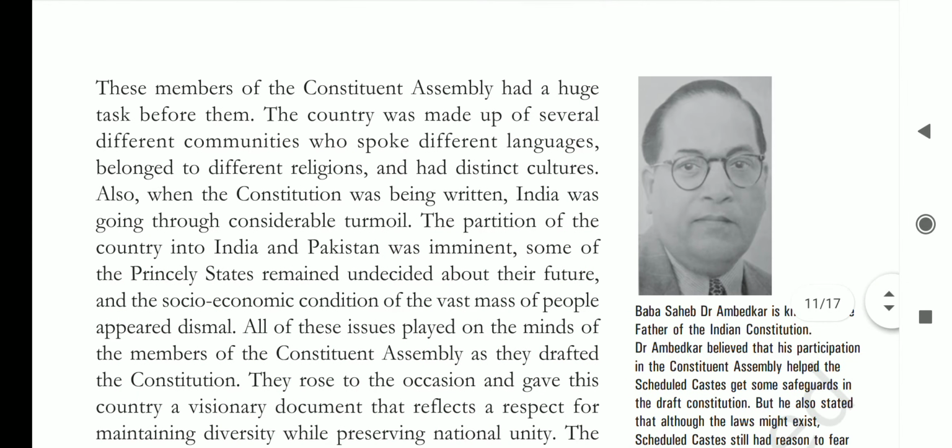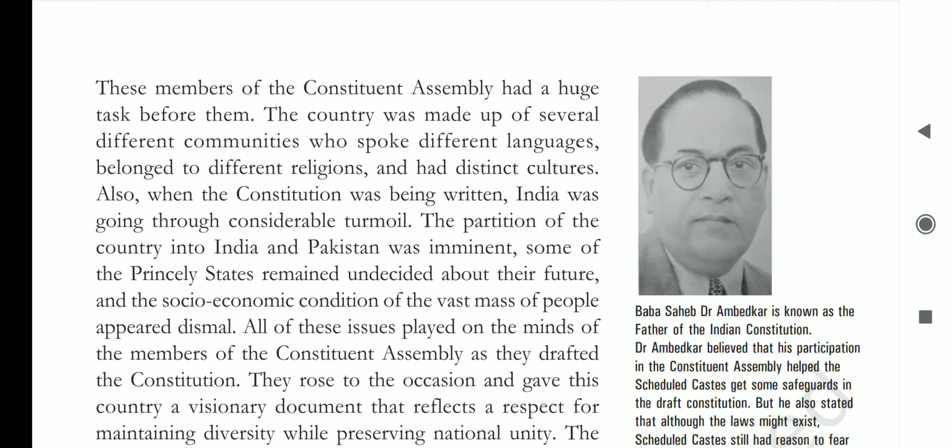These members of the Constituent Assembly had a huge task before them. The country was made up of several different communities who spoke different languages, belonged to different religions, and had distinct cultures.